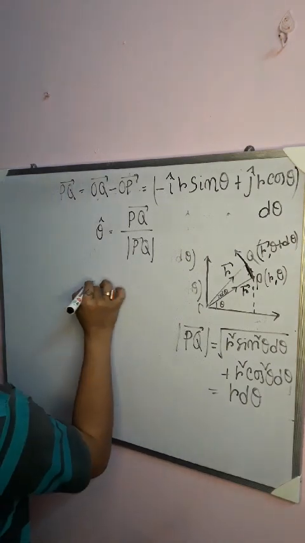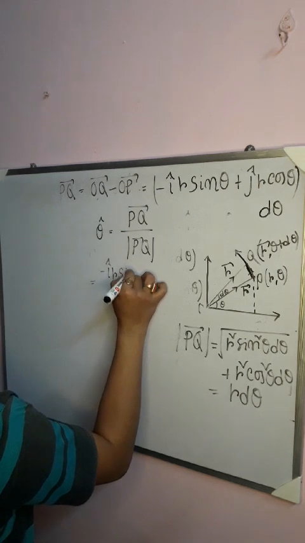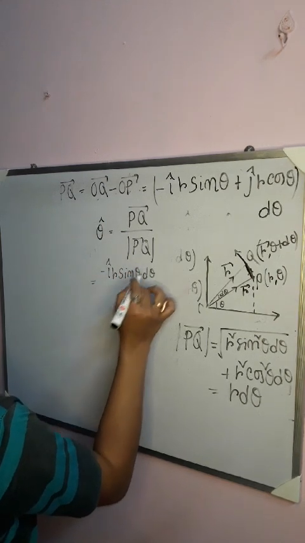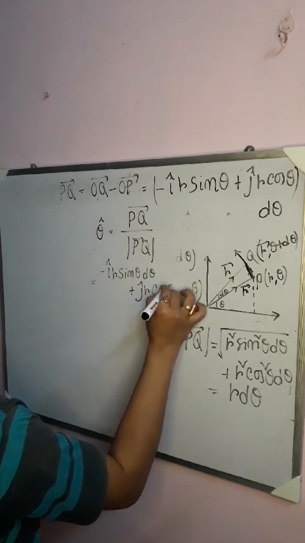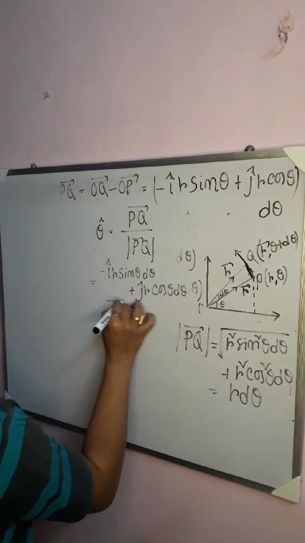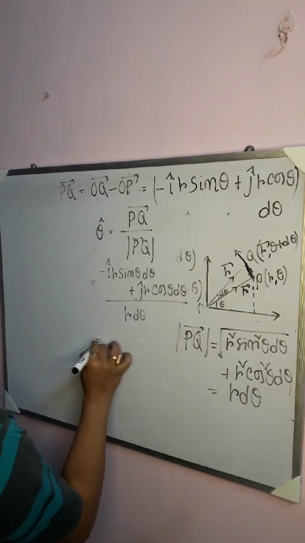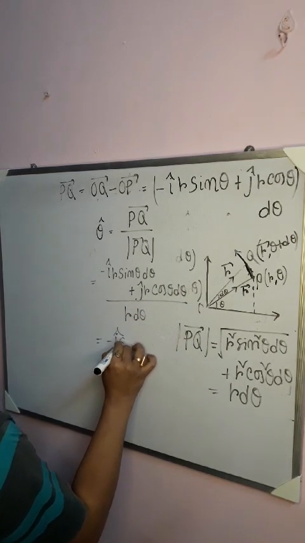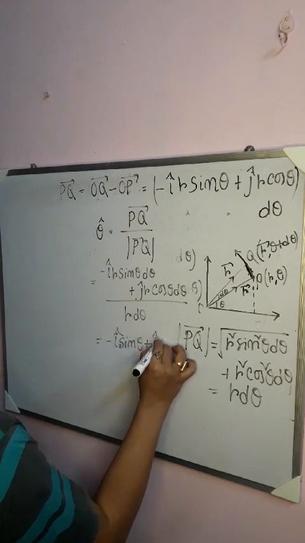Substituting, the numerator is minus i cap r sin theta d theta plus j cap r cos theta d theta, and mod PQ is r d theta. So the value is minus i cap sin theta plus j cap cos theta.